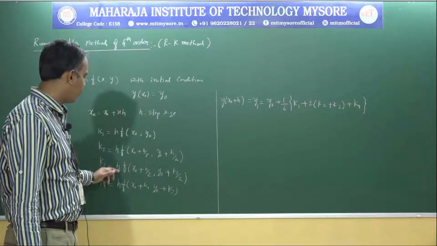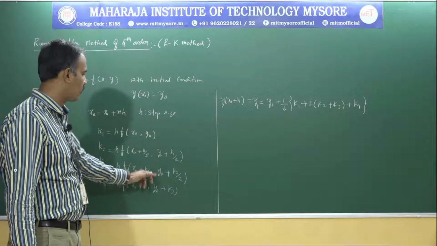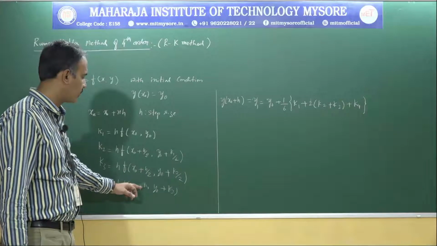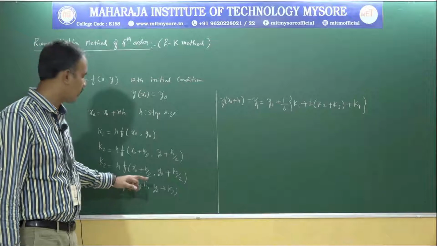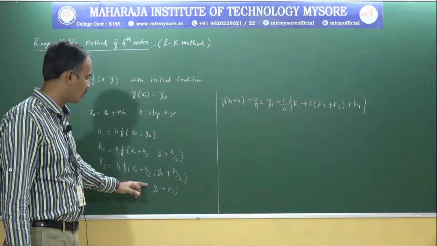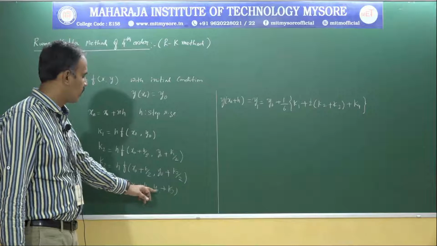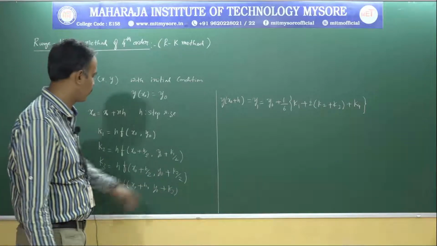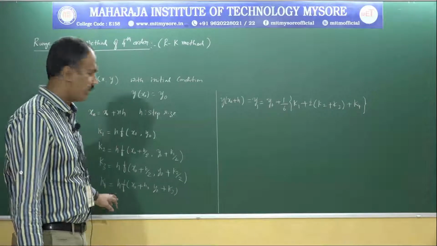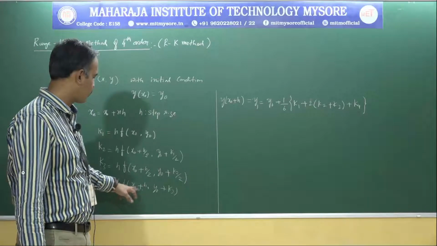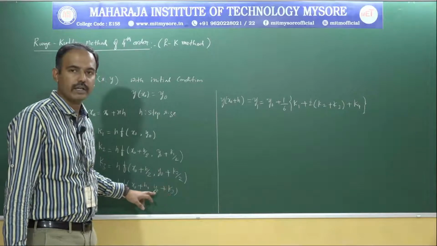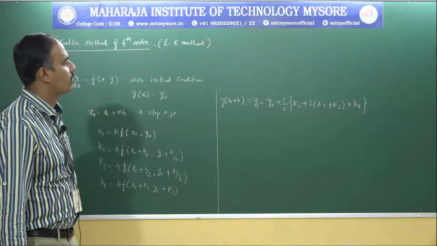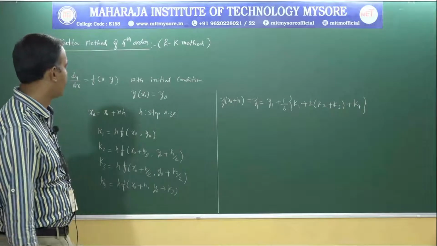Now k3 is h f of x naught plus h by 2 comma y naught plus k2 by 2. Now k4 is h into f of x naught plus h comma y naught plus k3. The important observation here is that it is x naught plus h, not h by 2. Now we can estimate the y1 value at the particular point x1.